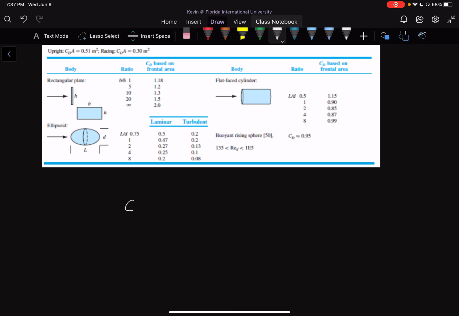So for bodies where lifting is of interest, we're going to have a CL that's equal to the lift, or L, over 1/2 rho V squared times A. And A is used in exactly the same way.